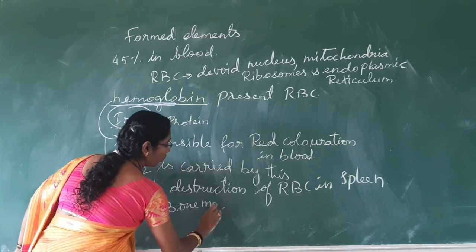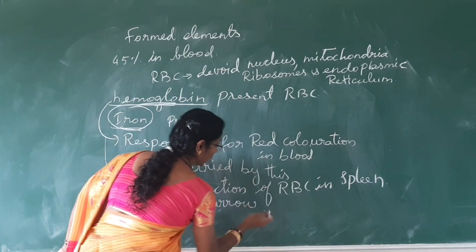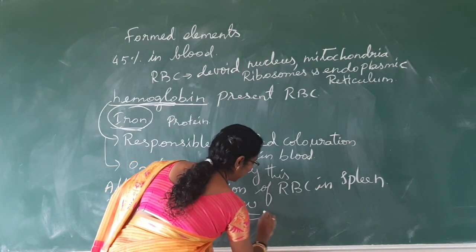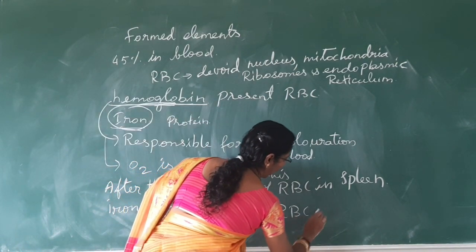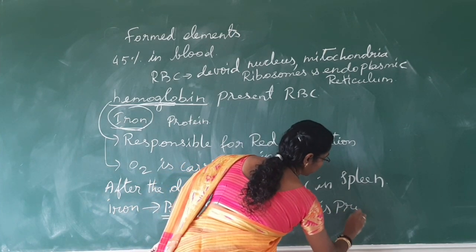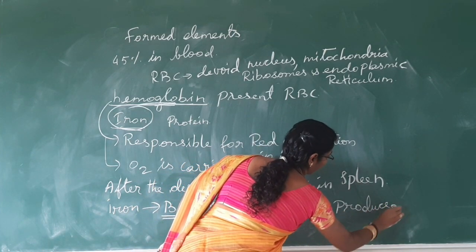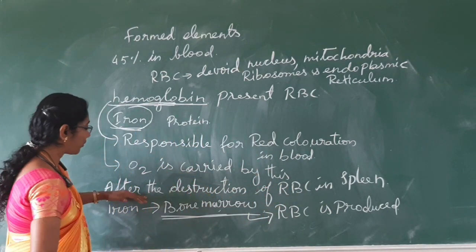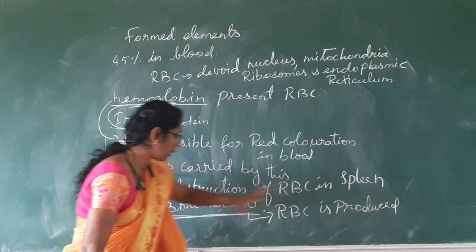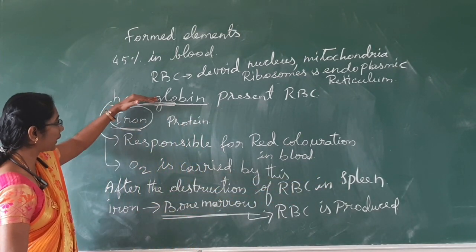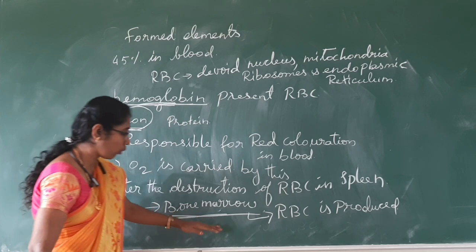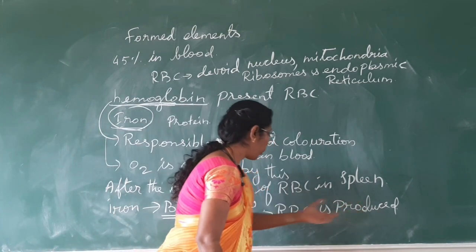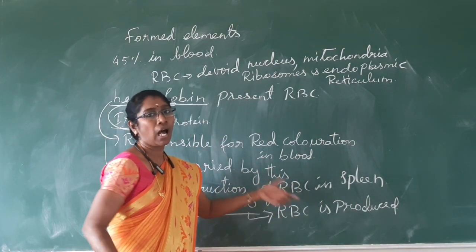Why should it go to the bone marrow? Because the bone marrow is the site where RBC is produced. So after the destruction of RBC in the spleen, the iron present in the hemoglobin goes to the bone marrow, and the bone marrow helps in the production of RBCs again.